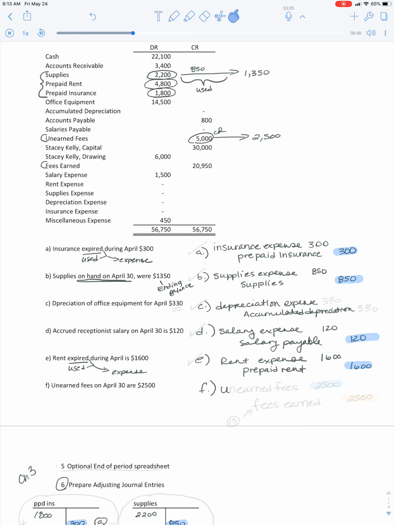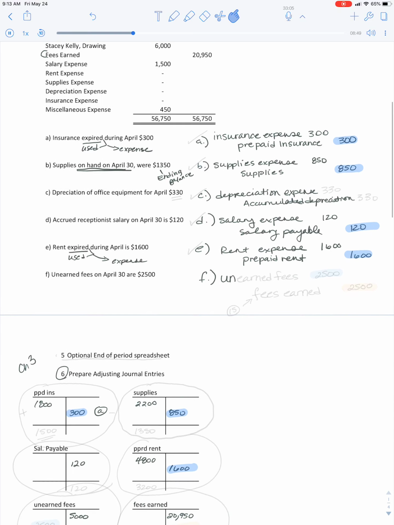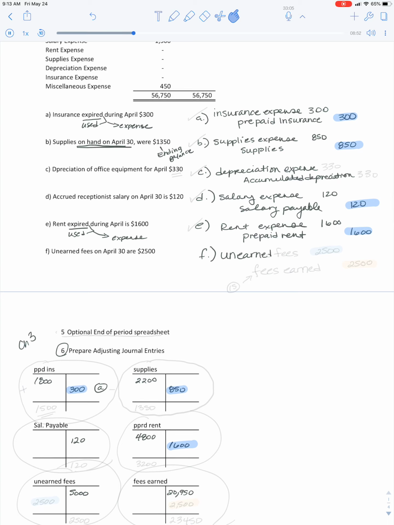Unearned fees, and our revenue account will use fees earned so that we can show this on the income statement now, this revenue. So we will post the unearned fees. Here.